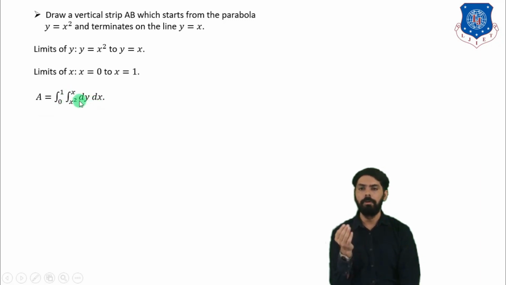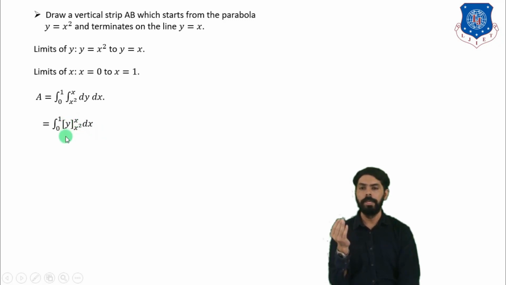Now here first of all we will have to integrate 1 with respect to y, so it will be y. So this will be integration from 0 to 1 y, and limit will be from x square to x dx. Now here first of all we will replace y by x, then minus we will replace y by x square.